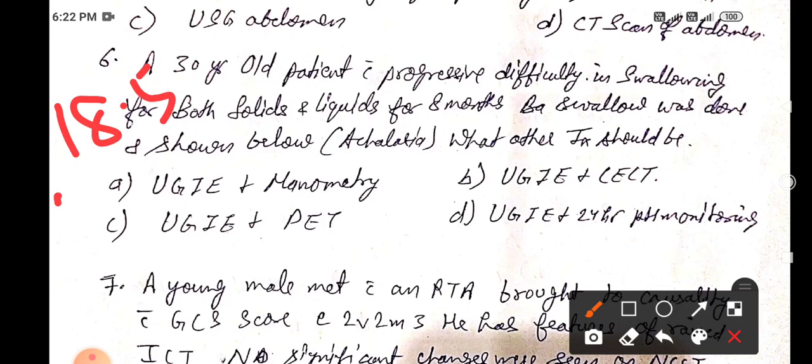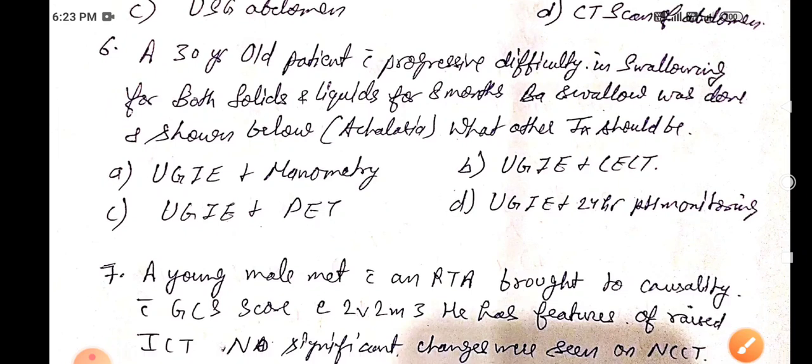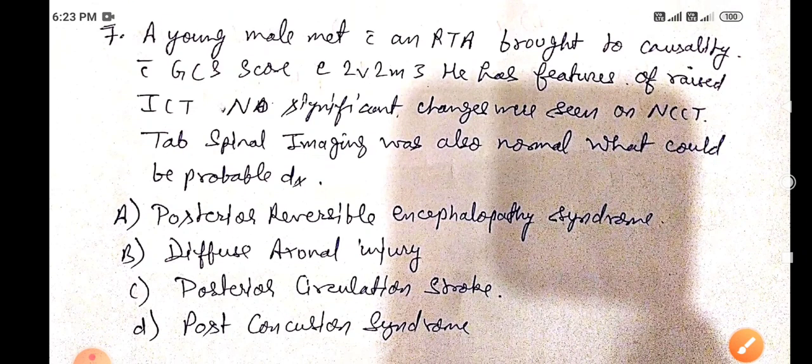For achalasia, the gold standard investigation is manometry, but the option is upper gastrointestinal endoscopy plus manometry. We have to choose that. If the age is 80 years, or the question is like a cancer, then we need to go for upper GI endoscopy plus CECT, not PET. So the answer is A here.